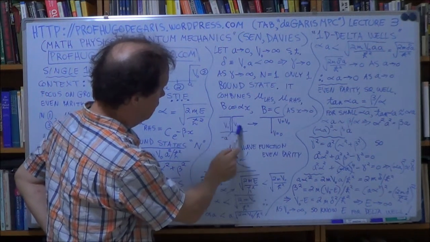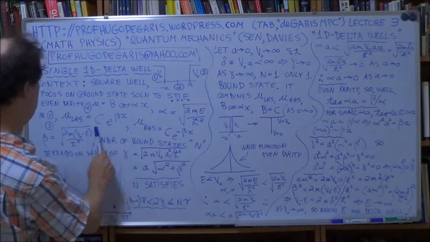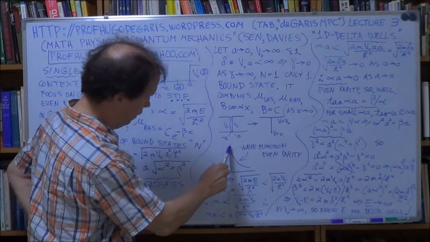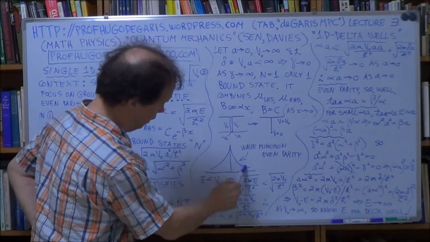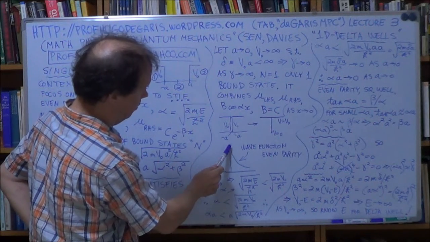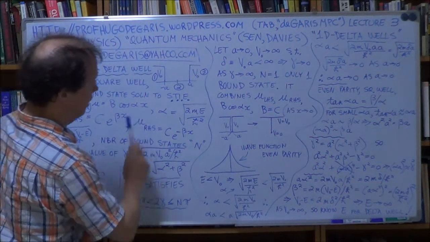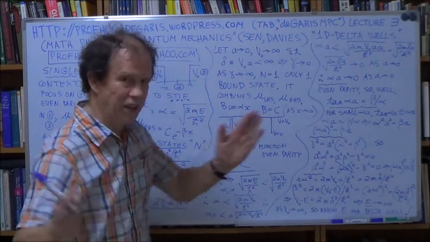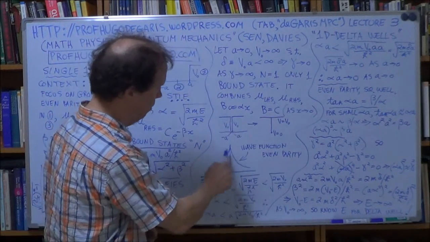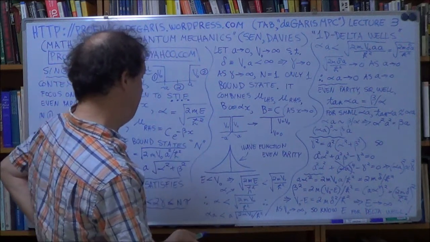In regions 1 and 3, you had an exponentially decaying wave function, here and here, dropping down exponentially of that form. Now the width here is virtually 0, so there's no cosine term in here. It's effectively squashed to nothing. So all you're left with is just the two wings, two exponential forms.